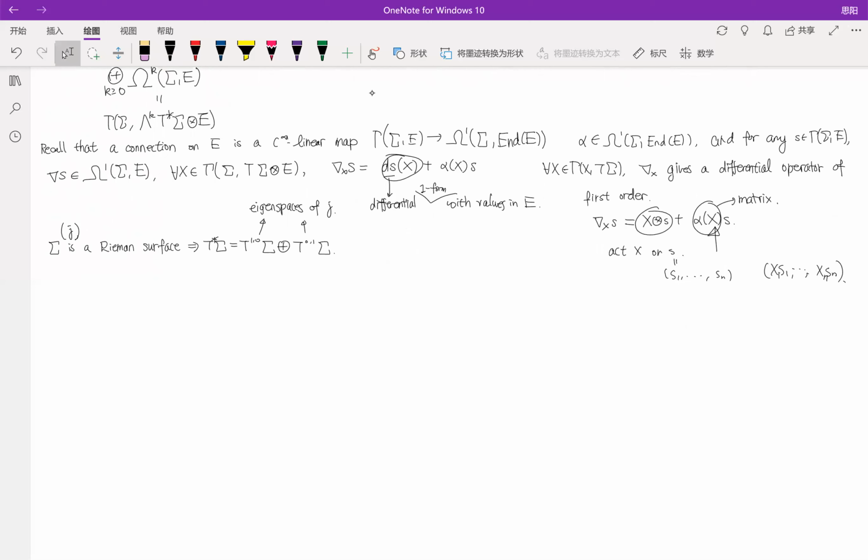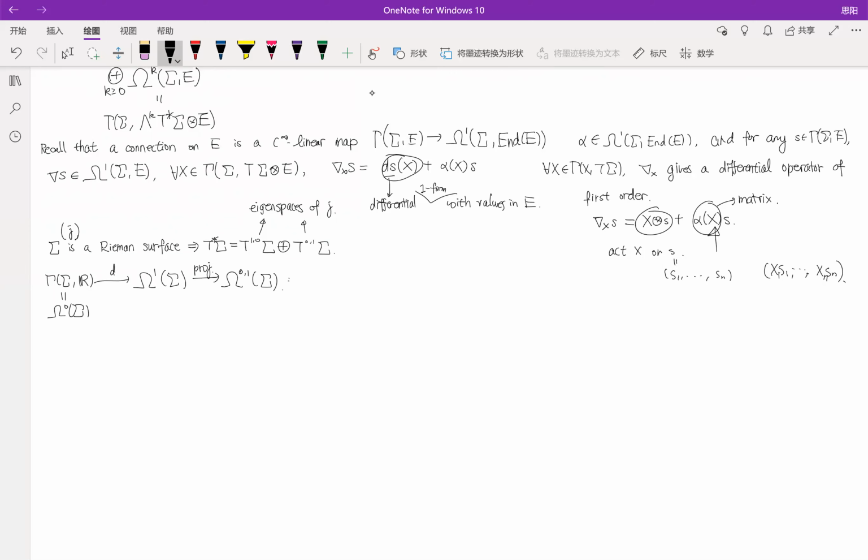So in this case, we have a natural differential operator on the Riemann surface sigma given by, firstly, from functions, omega 0 of sigma, to omega 1 of sigma, the differential forms, and then we project it onto omega (0,1), the global section of the space of (0,1) forms.